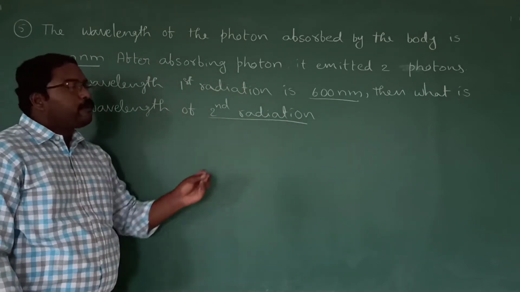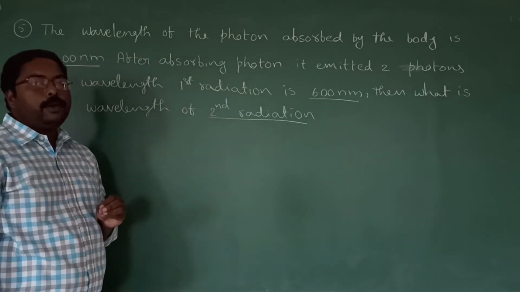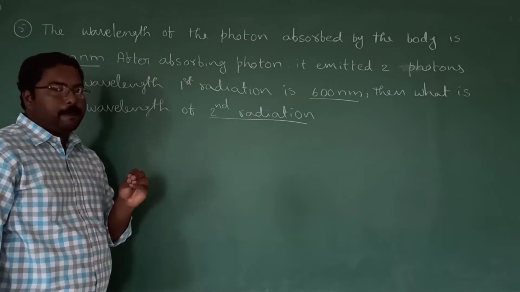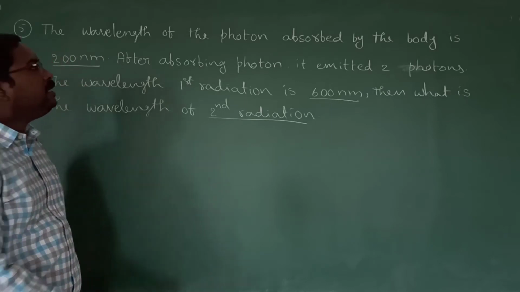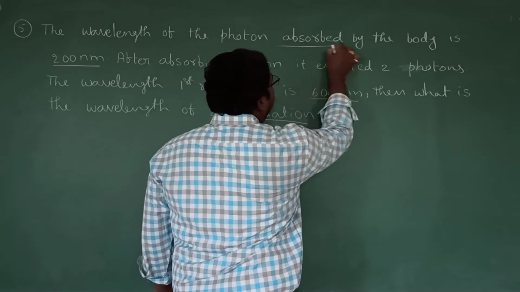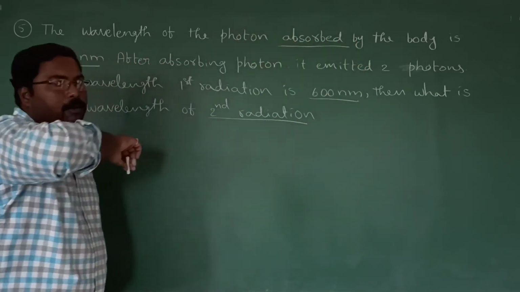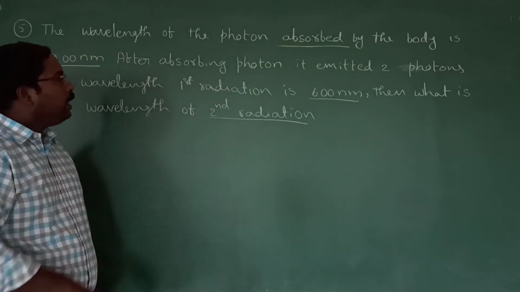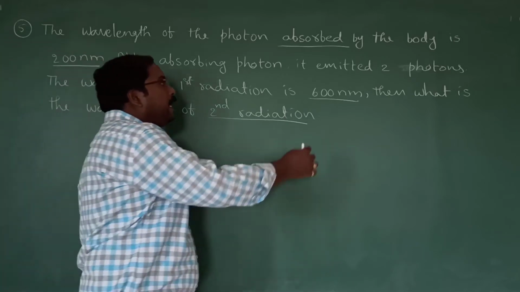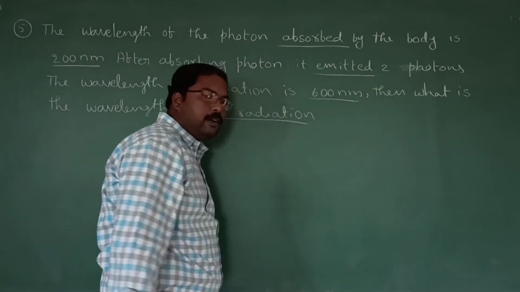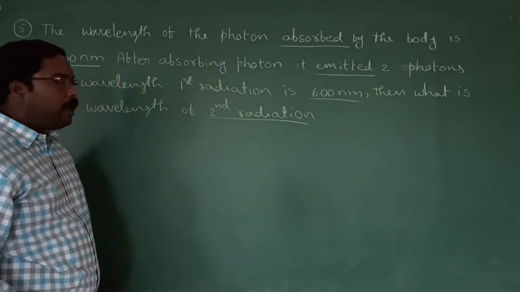regarding these types of questions, what formula are we using, everything we discussed yesterday. Because the energy required for jumping to a higher level, or the energy absorbed, is the same as the energy emitted. So based on that, one formula was given to you.